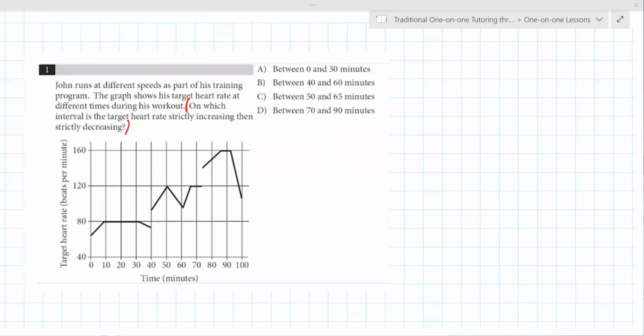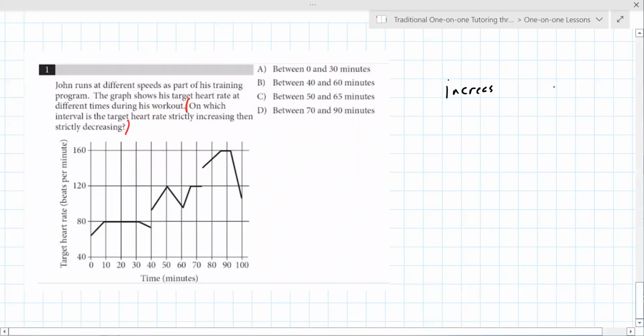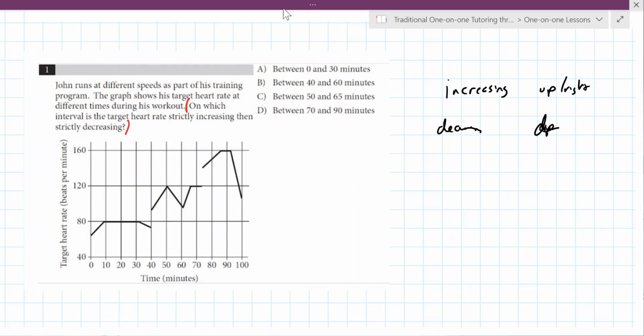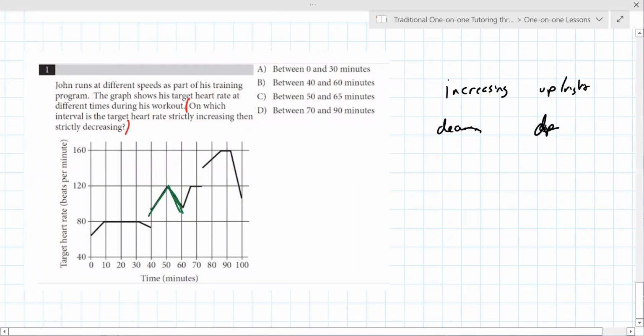So what does that mean in terms of the graph? If it's increasing, it's going up to the right, and then if it's decreasing, it's going the other way, down and to the right. So it'd be 40 to 60. Yeah, and there's only one place where it goes up and then down.